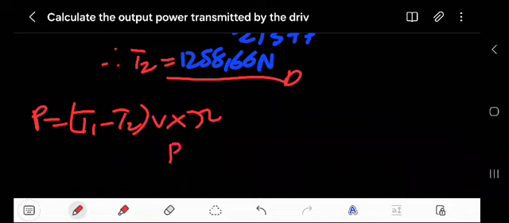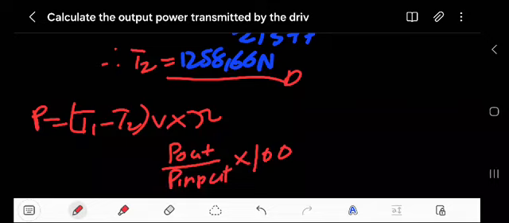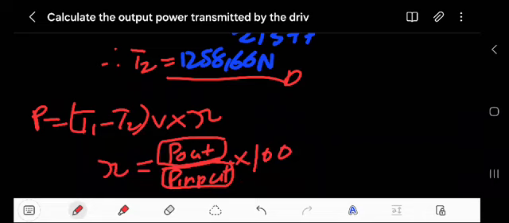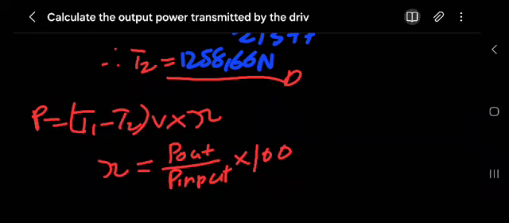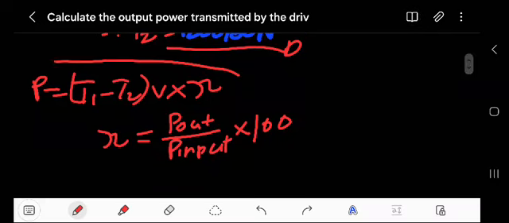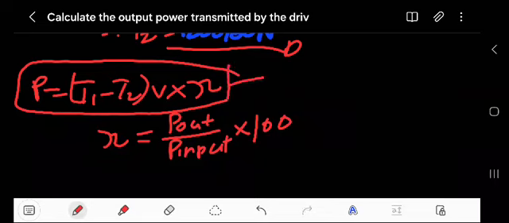The output power over input power multiplied by 100, efficiency is equals to this: output power over input power. So guys, this is what I did here. This formula is for input power. We have T1 and T2. That is an input power.